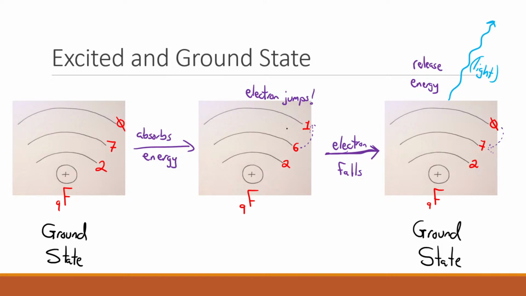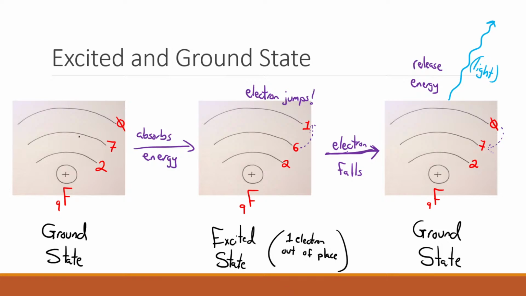This, in the middle here, with one electron out of place, that is our excited state. So it's always going to be one electron higher than it should be. That's going to define our excited state.